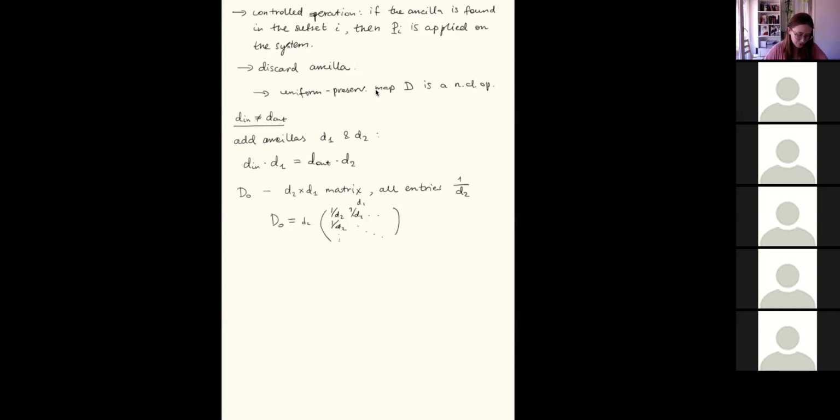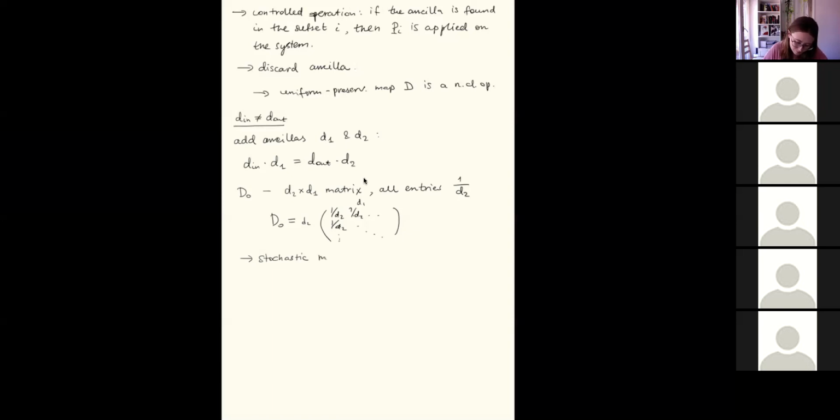And what is essentially D0? It is a stochastic matrix. All entries non-zero. The columns sum up to 1, so it maps a probability distribution to a probability distribution.